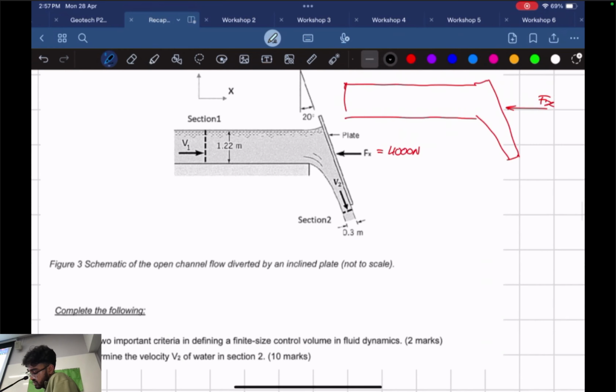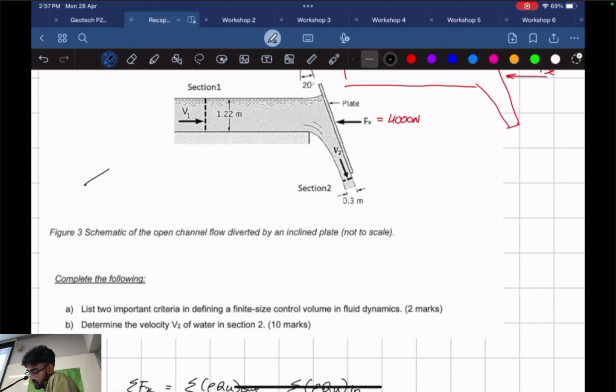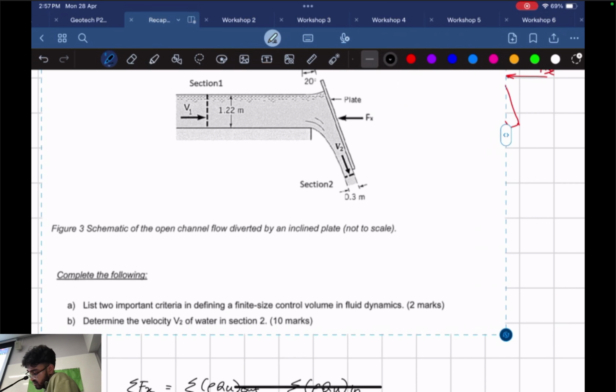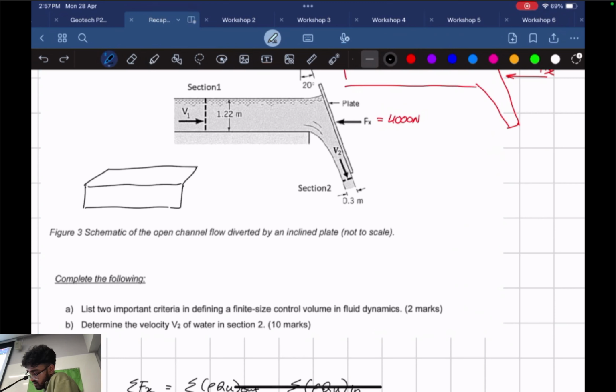So if I draw this in a 3D way, it's pretty hard to draw. Something like this, imagine this is our plate.